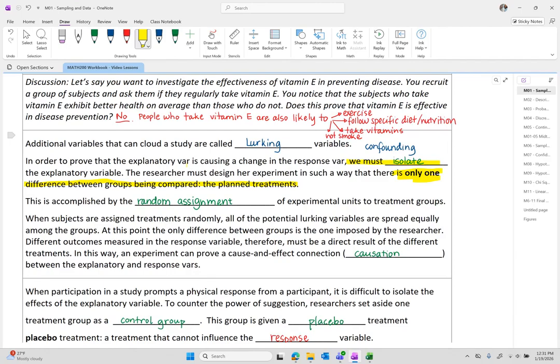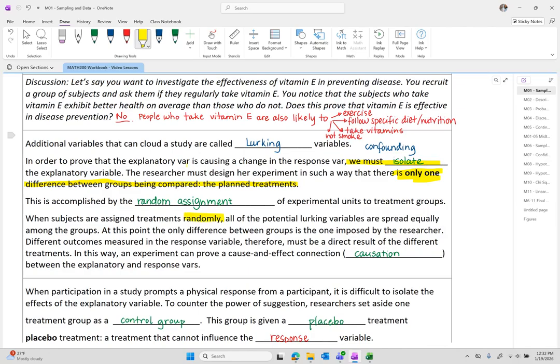Now, how is it possible to secure that only one of the variables is changing? This is accomplished by the random assignment of experimental units to treatment groups. When subjects are assigned treatments randomly, all of the potential lurking variables are spread equally among the groups.